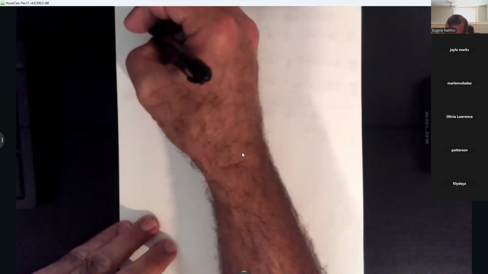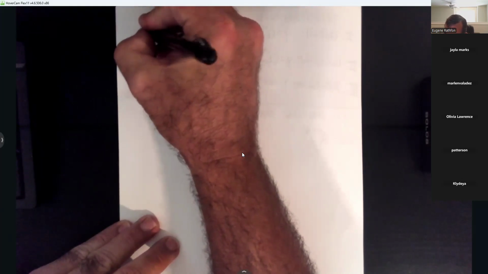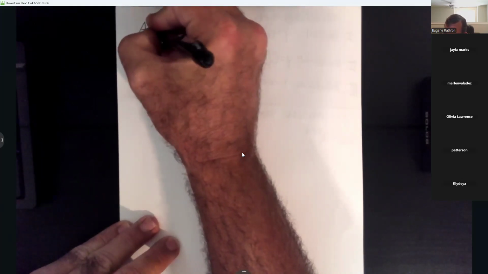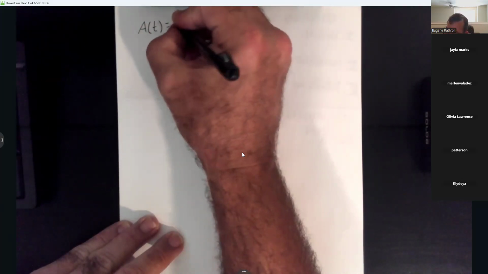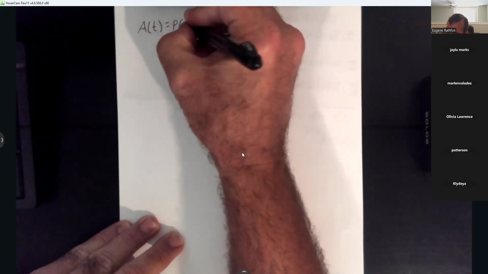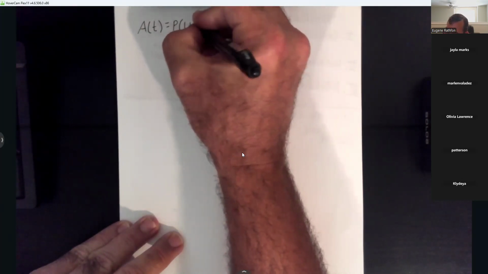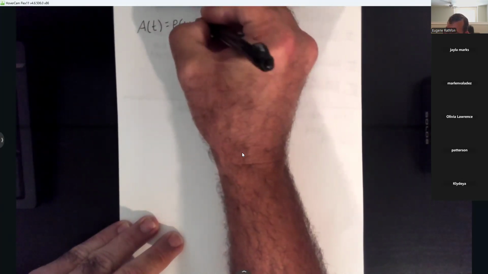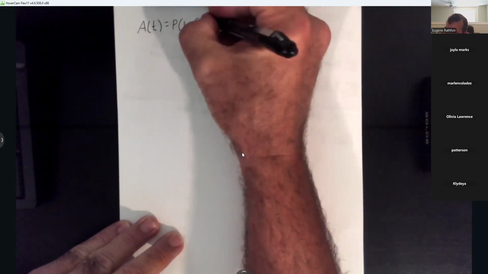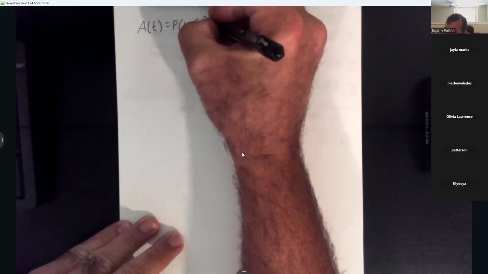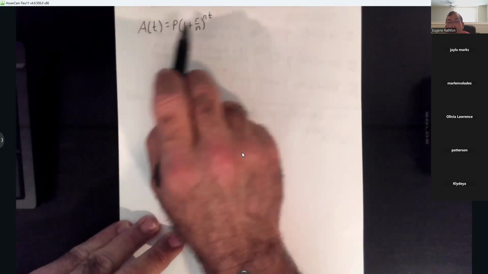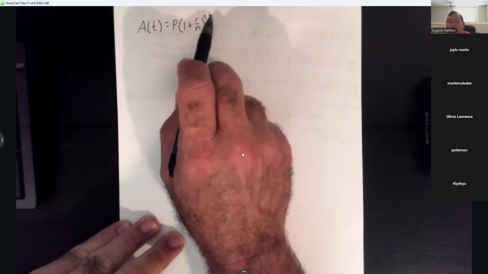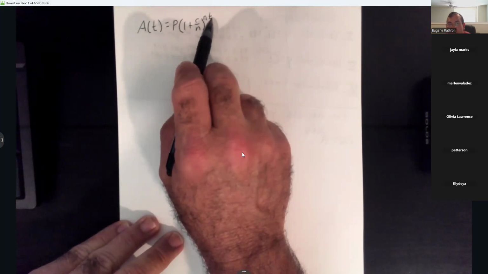So y'all, the equation we're about to learn is A of t equals p times 1 plus r over n, all raised to the n times t. So t is your variable, so that's why t is the exponent on this one.